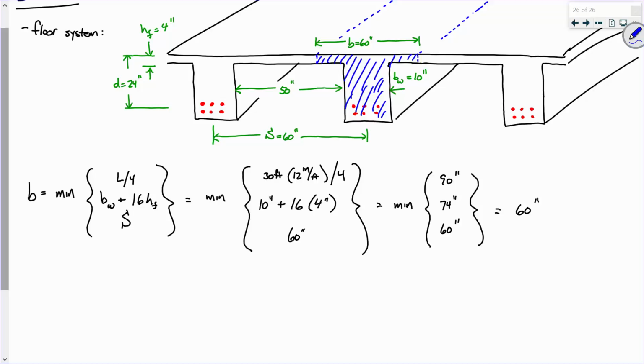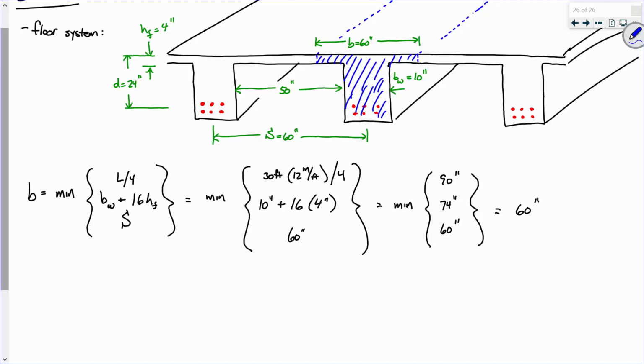Now, let's keep this simple. When we compute moment capacity, M sub n, remember we compute it by saying it's a force times a distance, right? Force times the moment arm. Now, let's talk about the force. We said we have a force in compression and a force in tension. The first thing that we ever did when we computed moment capacity is we recognized what truth about C and T? They had to be equal to one another. So let's just start there.